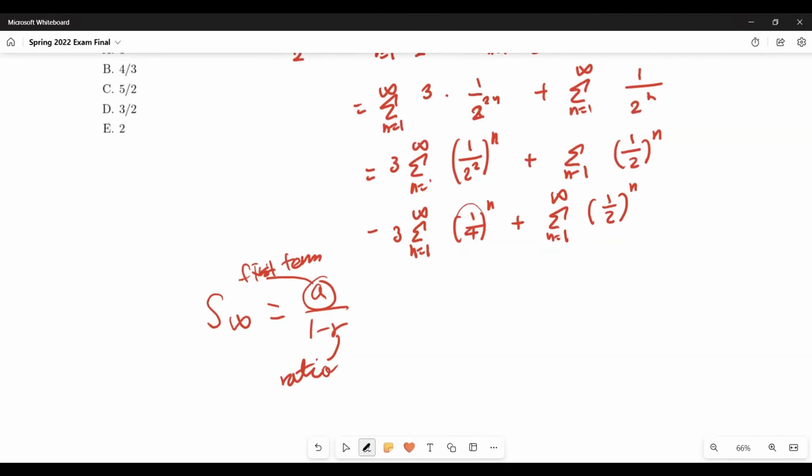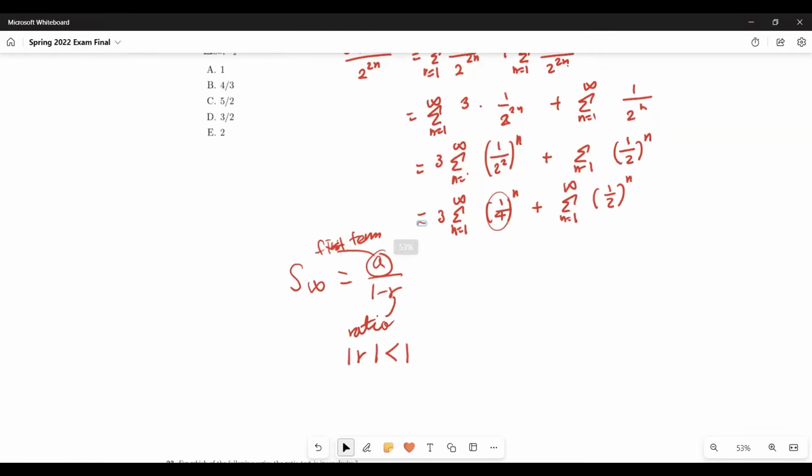In our case the ratio is 1 over 4, and the important part that you have to remember is that the absolute value of the ratio r has to be less than 1, which is true in both cases, which is why you can apply this equation.